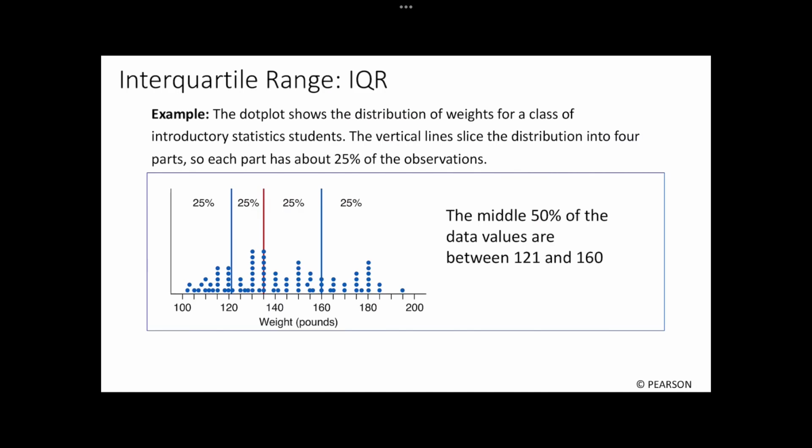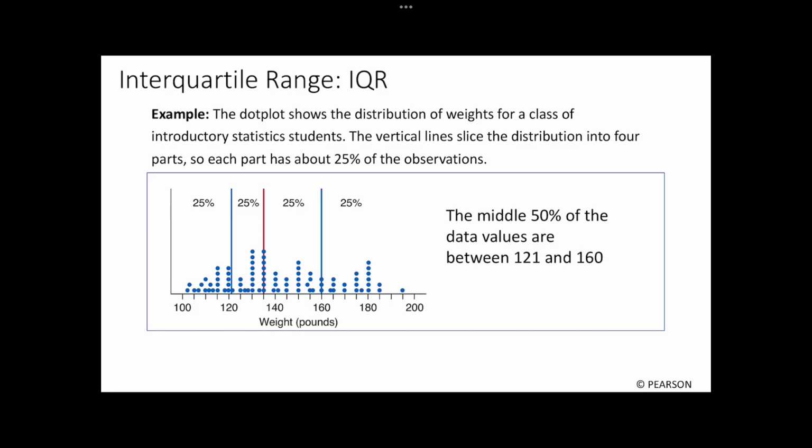Let's look at another example. Here's a dot plot with the distribution of weights for a class of introductory stats students. The vertical lines slice the distribution into 4 parts, so each part has about 25% of the observations. The middle 50% of the data values are between 121 and 160.